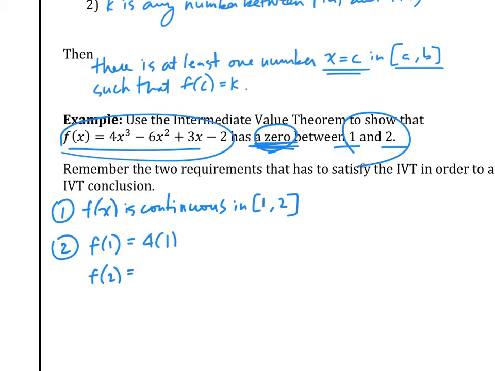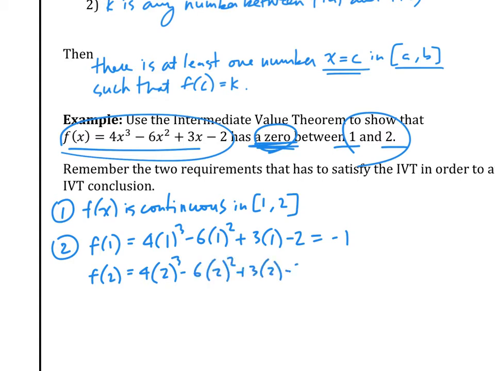4 times 1 cubed minus 6 times 1 squared plus 3 times 1 minus 2. That is 4 minus 6 plus 3 minus 2, and that is -1. Now let's put 2 in. 4 times 2 cubed minus 6 times 2 squared plus 3 times 2 minus 2. That is 12.